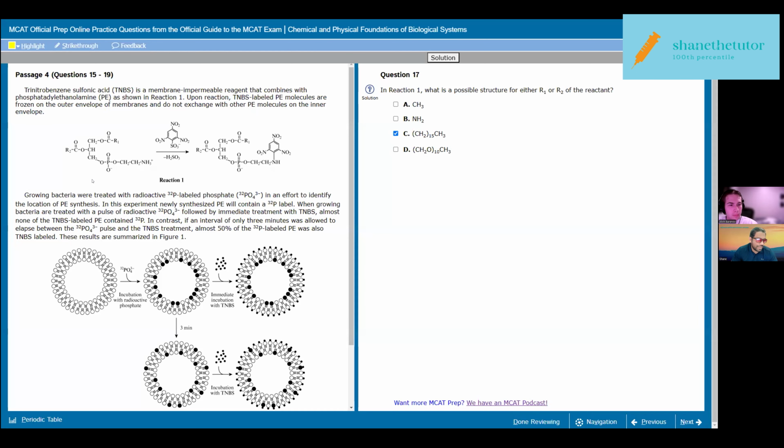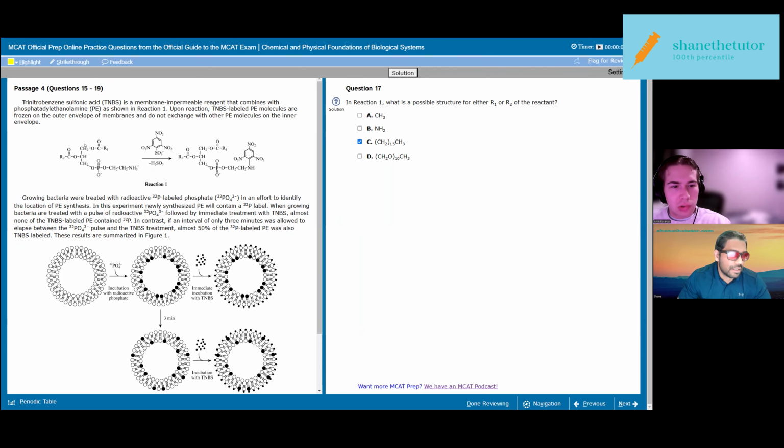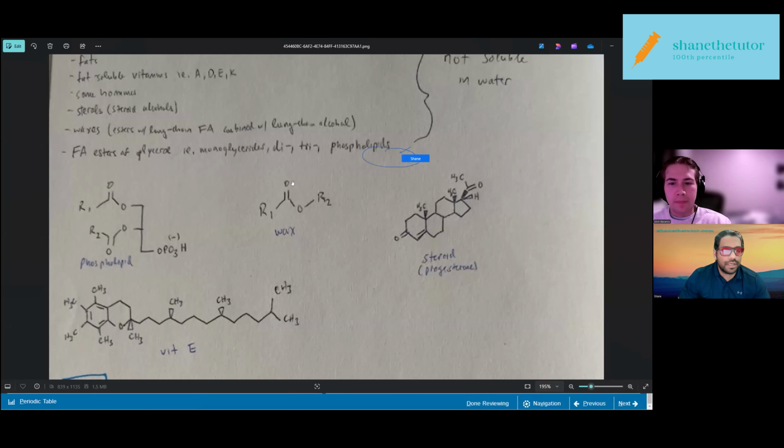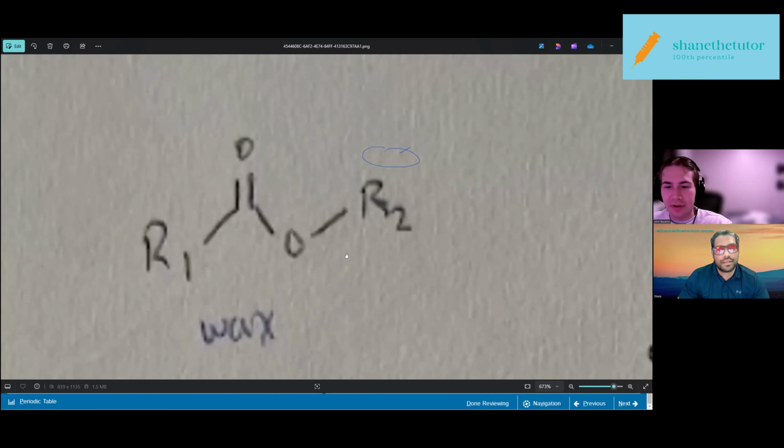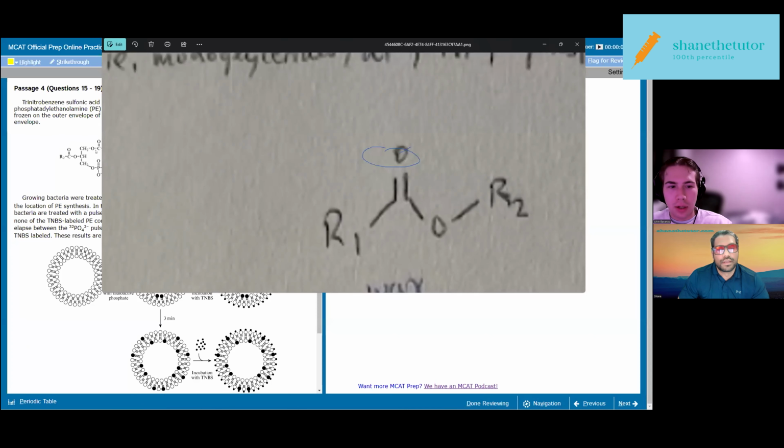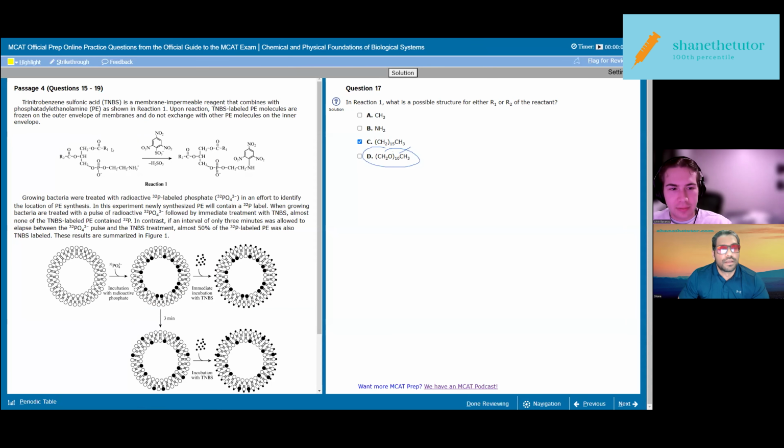It has the ester within it. I thought you were talking about this one. Oh, so I'm talking about the wax drawing here. Like, how is this different from this right here?